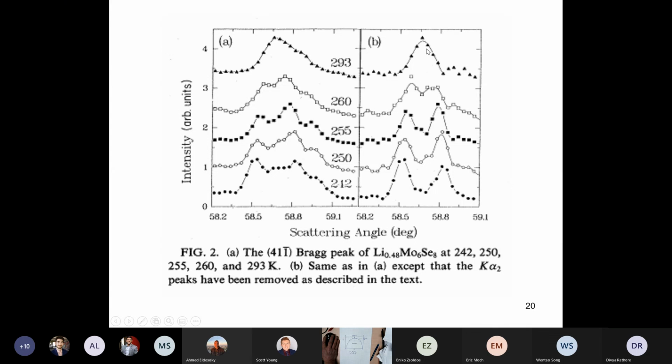But if you do the deconvolution, you see this beautiful splitting into two phases, and the peaks get farther and farther apart the more you cool. That's because the lattice constants between the two phases are more different because their lithium contents are more different. So this was really the confirmation that for this material, the mean field theory really worked.